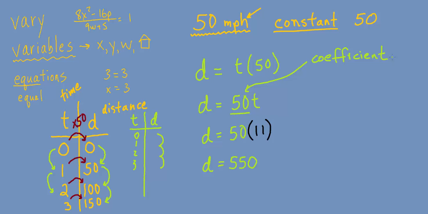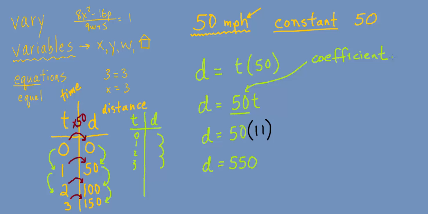Okay, now the cool thing about equations is you can put in for distance and find out the time. So I could also say, like, how much time will it take me to go, I don't know, 900 miles, okay?